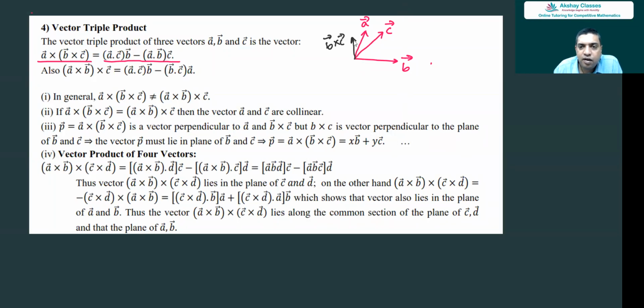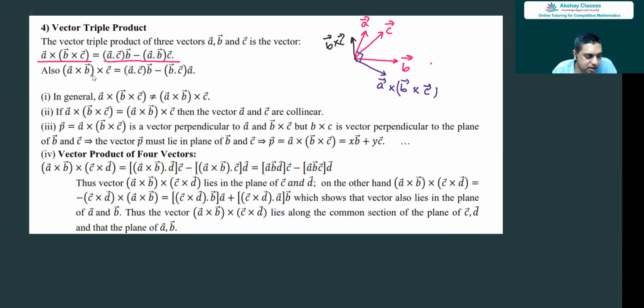So any vector which is perpendicular to B cross C will lie in the plane of B and C, but it will be perpendicular to A. That is the triple product.